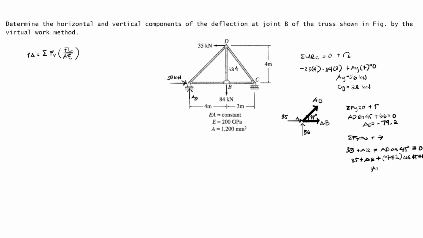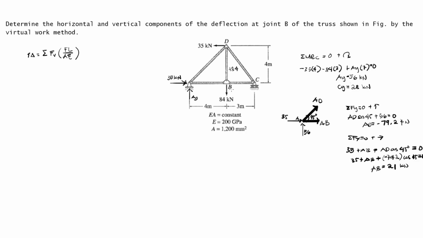So, ang AB natin ngayon is equal to negative 79.2 cosine 45 minus 35 or plus 35 I should say is negative 21. And transpose natin siya magiging positive 21. So, ang AB natin is positive 21. Okay? Kilonewton.